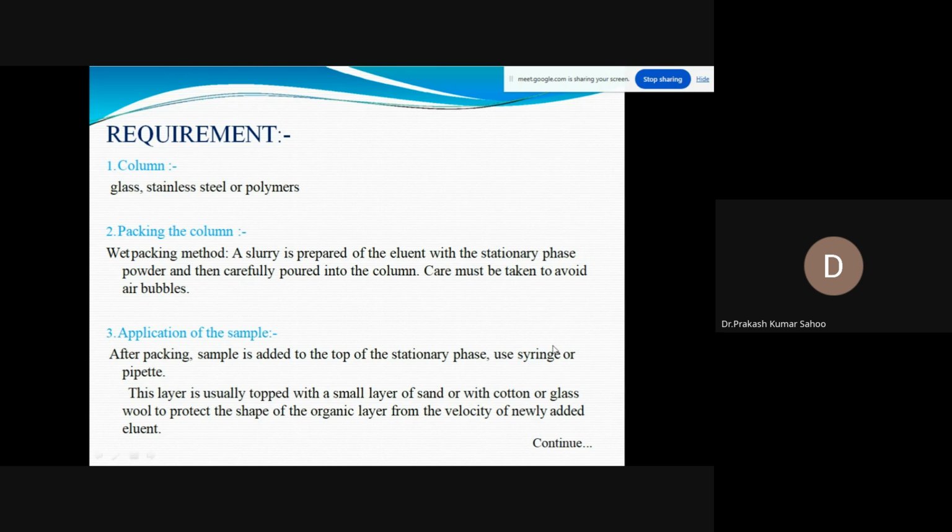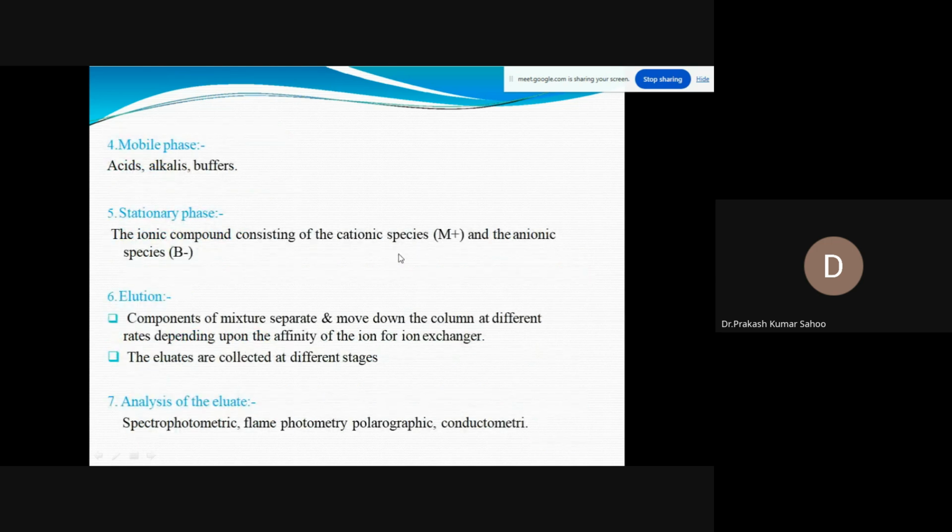As in column chromatography, the top and bottom part of the column is protected with cotton, sand or glass wool, and accordingly the eluent or the solvent is added. The mobile phase may be acid, alkali, or buffer.